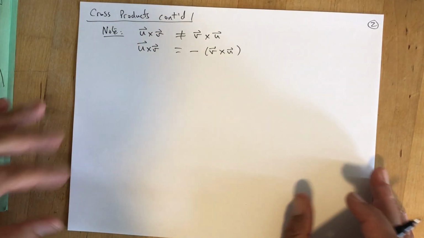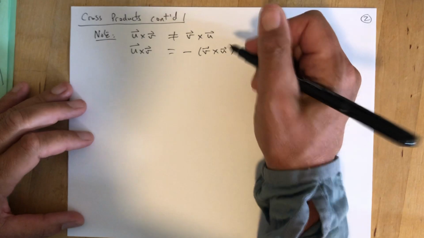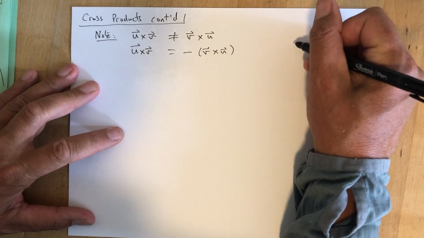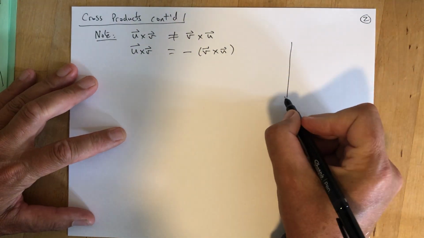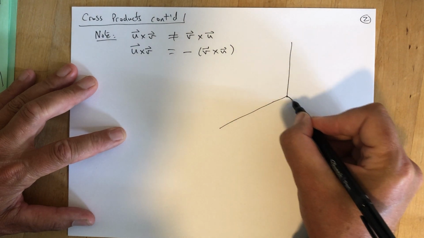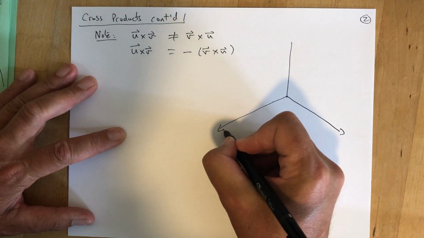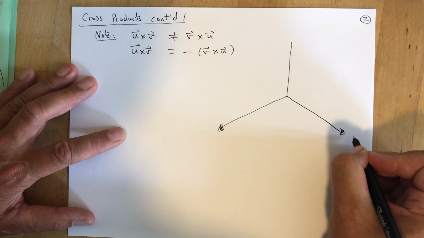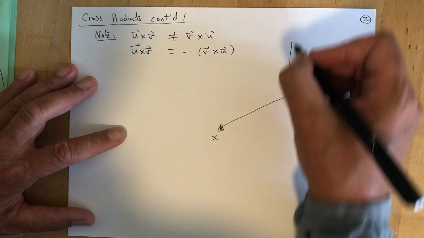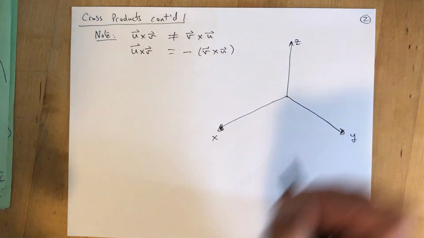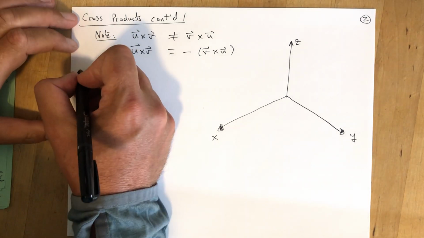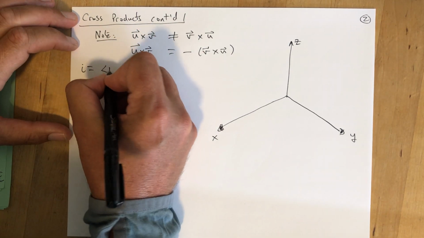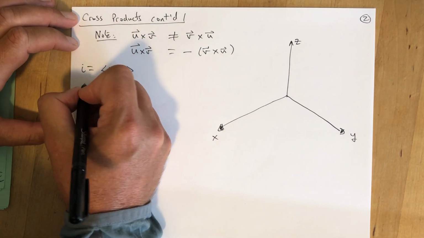Okay, so let's get the axes up here. I'm going to make a big picture here, so we have lots to work with here. And tie together some of the stuff we did in the earlier sections here. This is Y, this is X, and this is Z. Remember the standard unit vectors, so I is the vector 1, 0, 0.